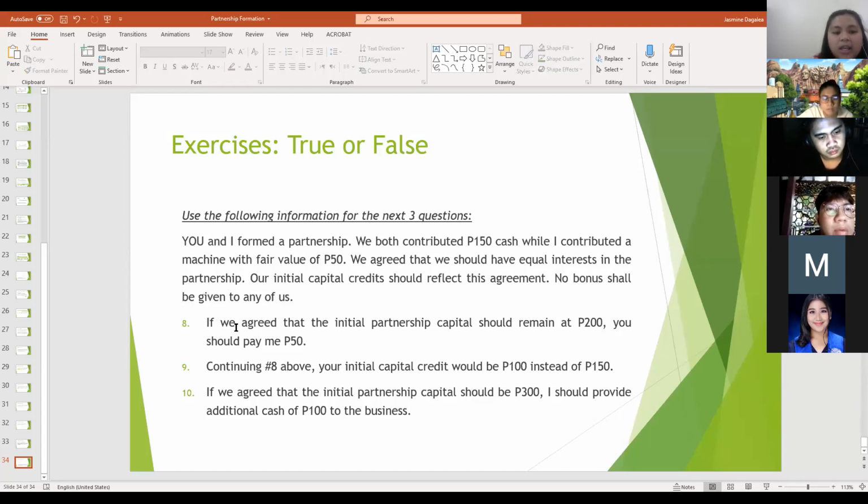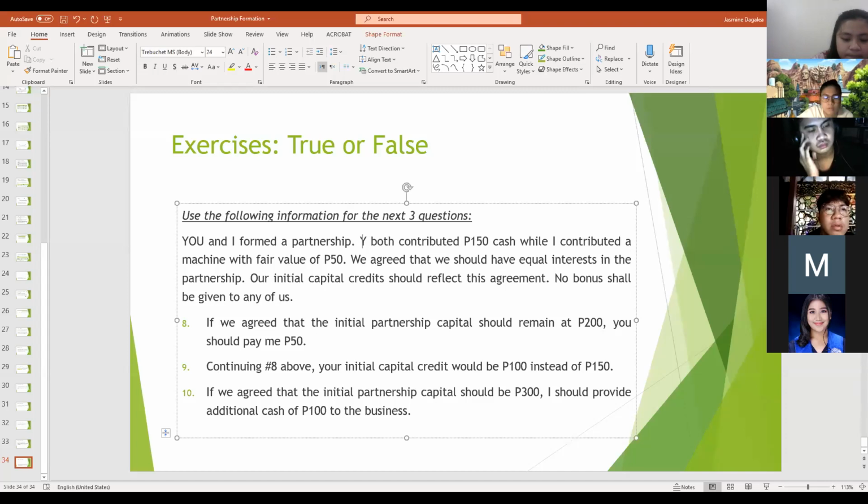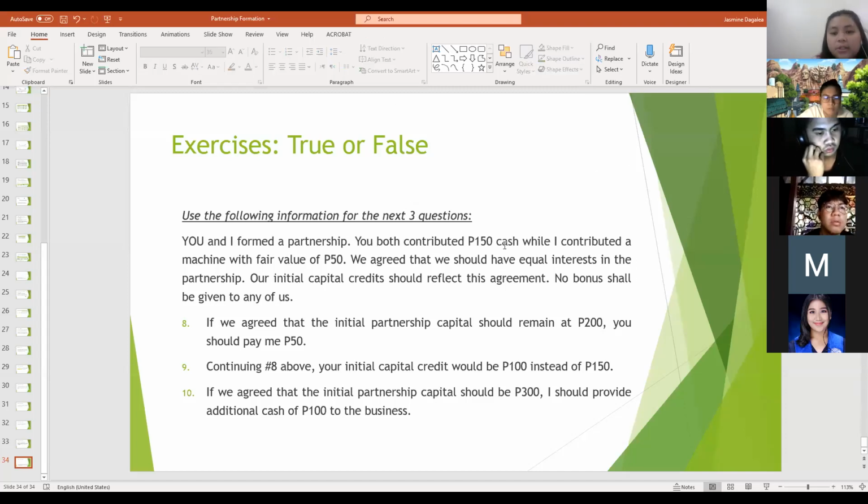So number 8, if we agreed that the initial partnership capital should remain at 200, you should pay me 50 pesos. True or false? Hindi pala to dapat we, dapat you lang. So, nag-contribute si you ng 150 na cash. Ako naman, nag-contribute ng machine with fair value of 50.